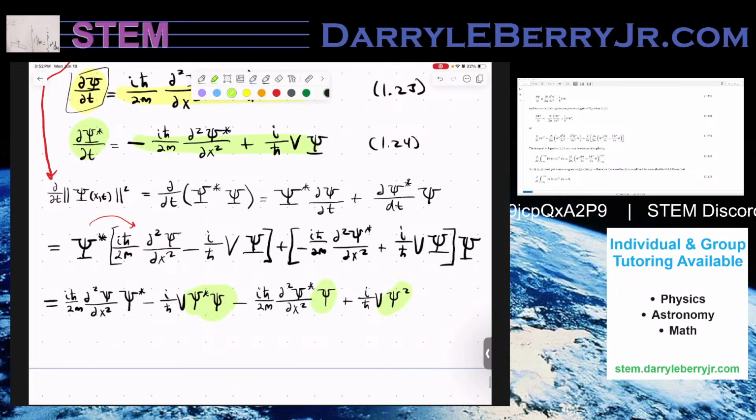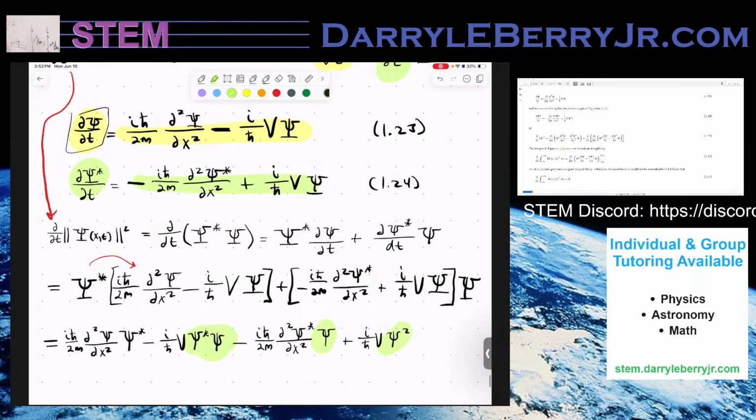And then we have partial psi star over dt equals minus i over h bar 2m, second derivative of psi star with respect to x squared, plus i over h bar V psi star. All right, so this is where I left something out right here. Details. So I was missing this. That's the complex conjugate one right there. So what that means is this is the complex conjugate right here.